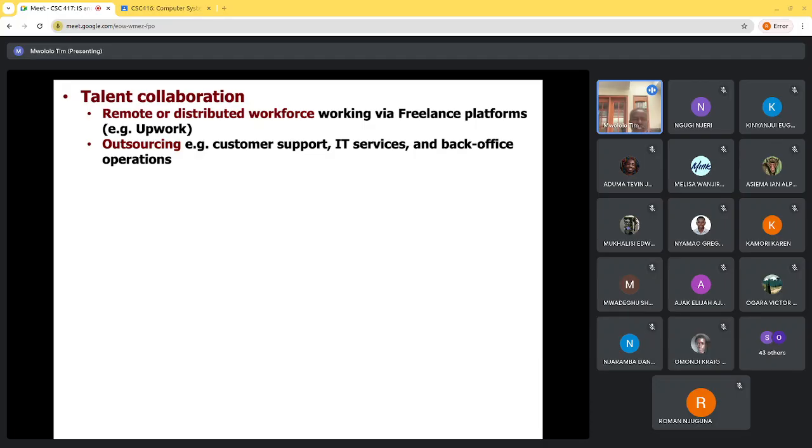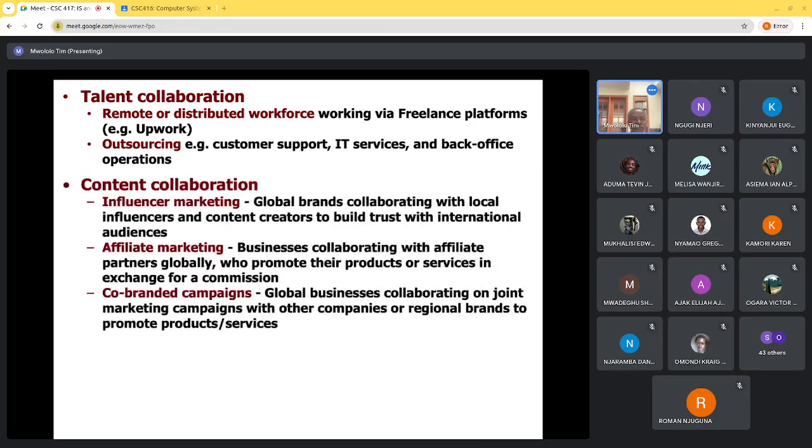When you don't want to do things in-house, and you give it out, like IT services, customer support, software maintenance, and back office operations. All those you can outsource to outsourcees who are cheaper than doing it in-house. That is talent collaboration. You can also do content collaboration, influencer marketing.